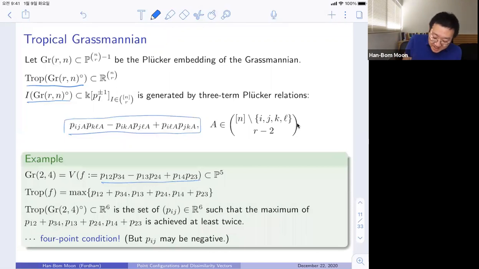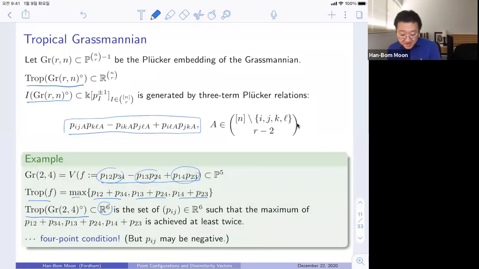Then the tropicalization of this polynomial f has three terms here, here, and here. We need to compute the maximum of these three linear polynomials. And the tropicalized Grassmannian, which is in R^6, is the set of all points p_ij such that the maximum of these three terms is achieved at least twice. If you want, you can describe it in a very explicit way.